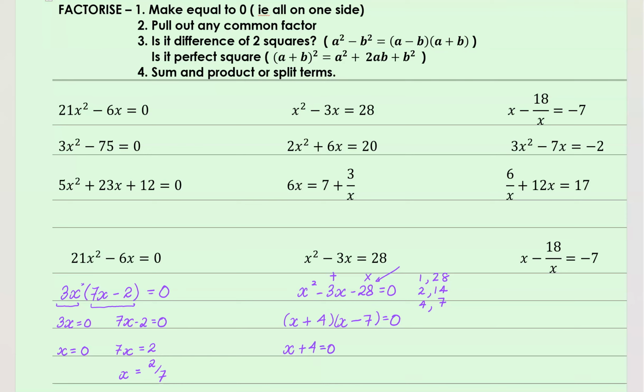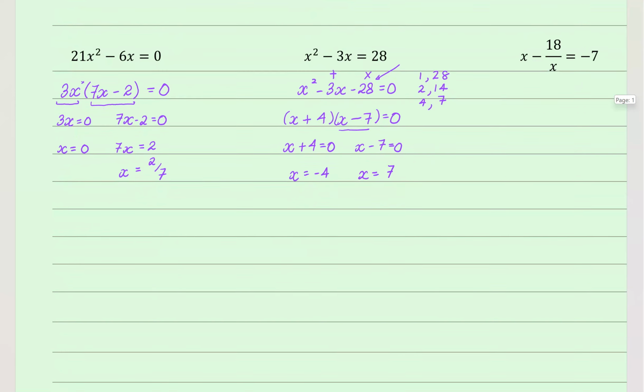So therefore, let's get rid of the plus 4. So therefore, x is minus 4. And then we've got this one here, which is x take 7 is solving for 0. Therefore, x equals 7.